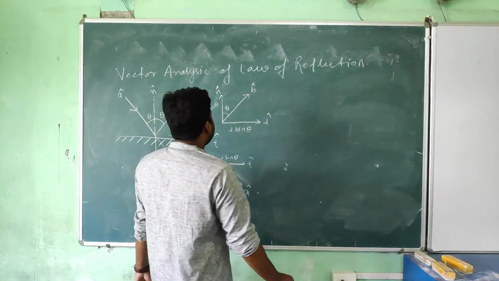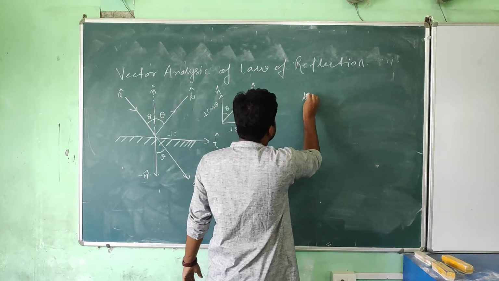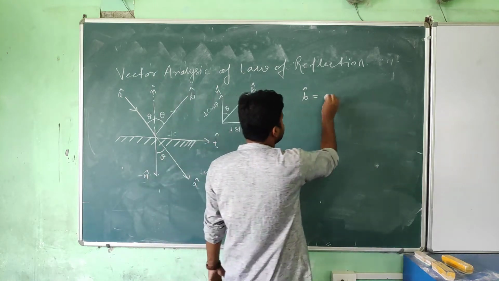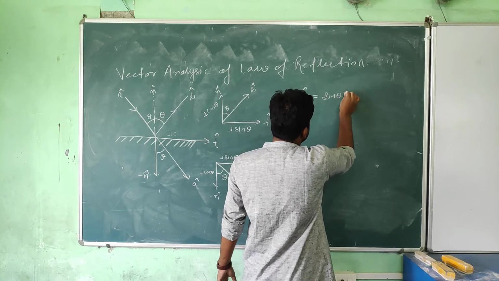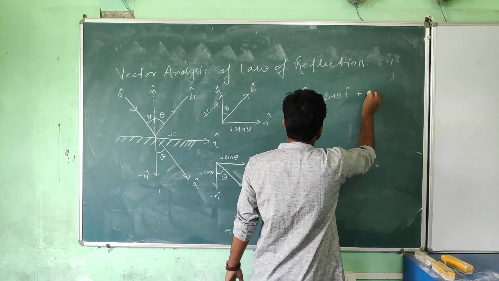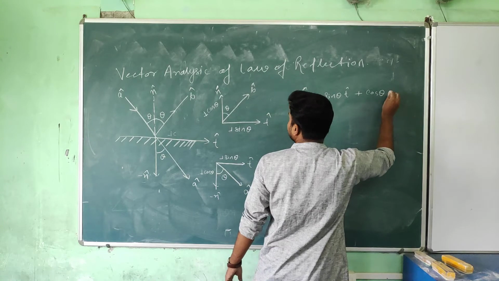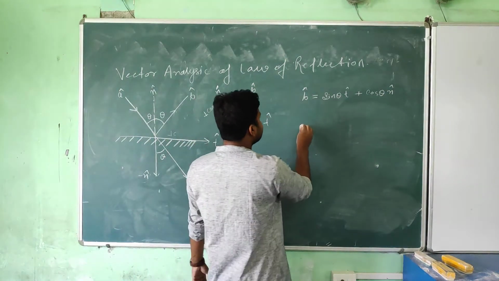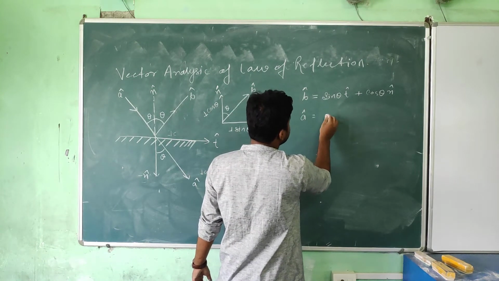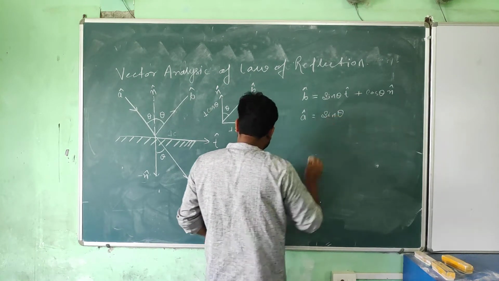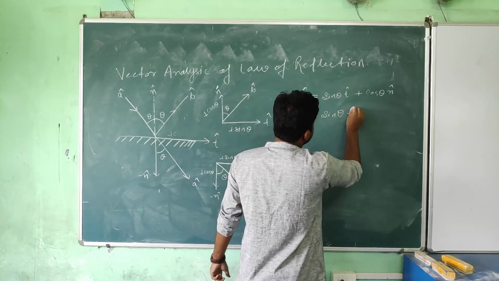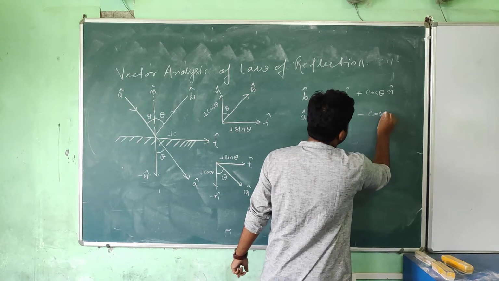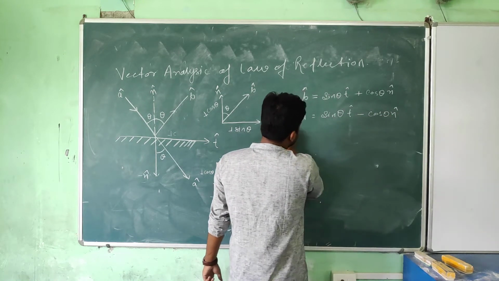Now if we want to write B cap, we can write B cap is equal to sin theta T cap plus cos theta N cap. Is it or not? From here we can write. Similarly for the A vector, A cap is equal to sin theta T cap, along the positive, and here it's minus, so minus cos theta N cap.